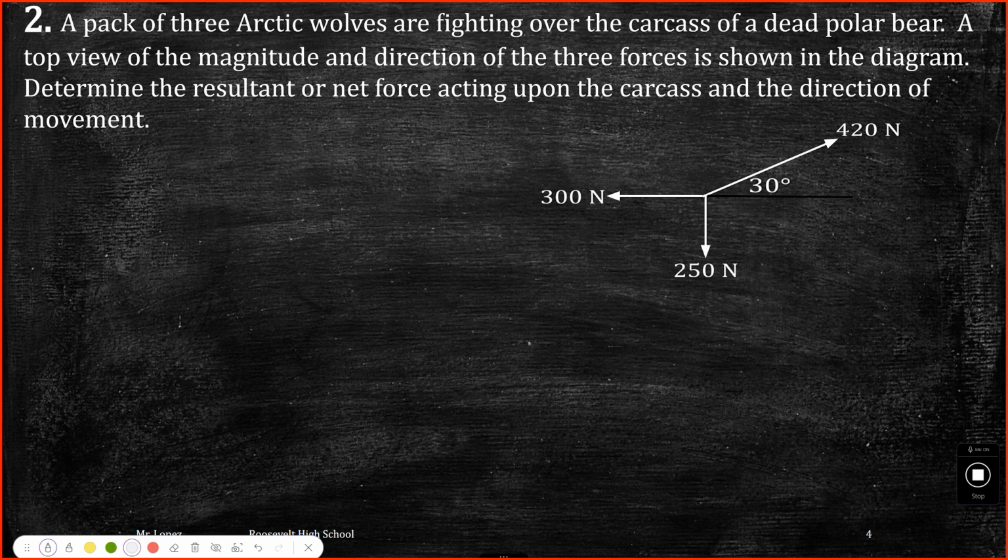So you got a wolf pulling 300 newtons to the west. You got another wolf pulling with a force of 250 newtons south, and then you got the strongest one, a wolf pulling at 420 newtons at an angle of 30 degrees northeast.